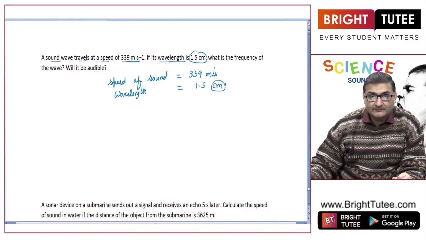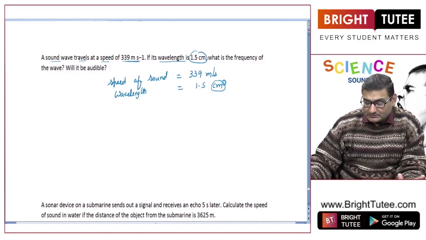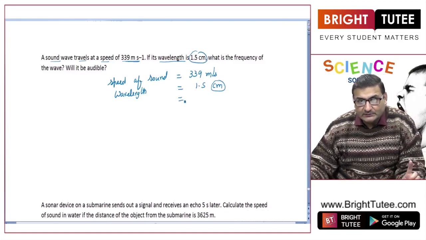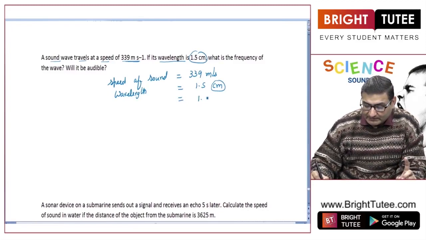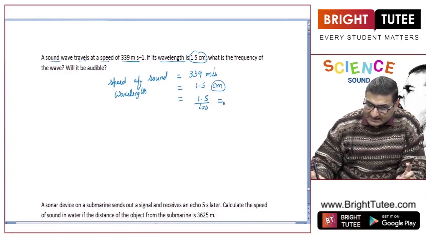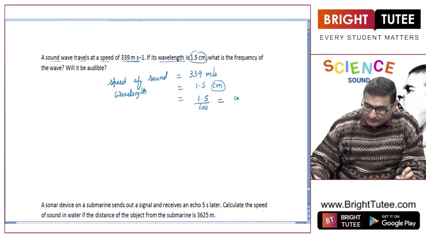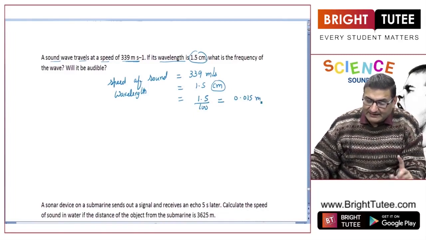What does it mean? That I need to convert it into meters. So how am I going to convert it into meters? Just divide it by 100 and I will get 0.015 meter. This will be the wavelength.